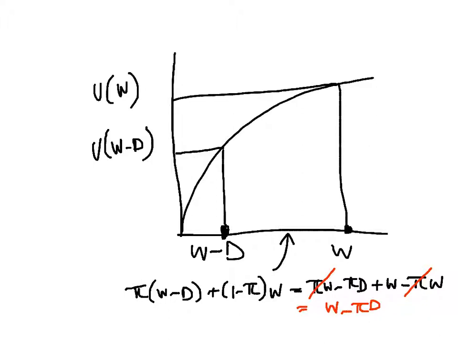Now what does risk aversion mean? It means that the utility of this particular amount could be anywhere here depending on the probability weights, but let's assume that it's here.